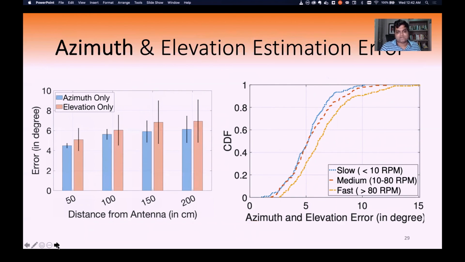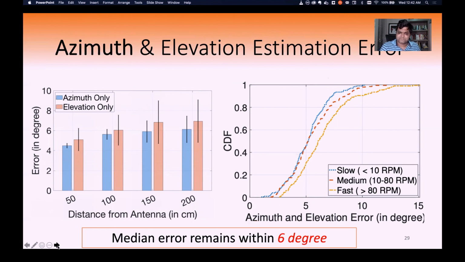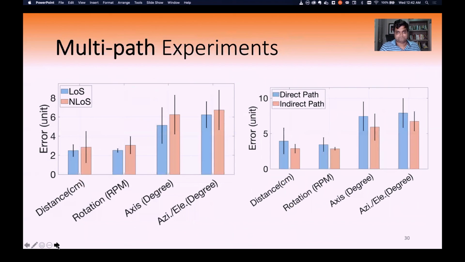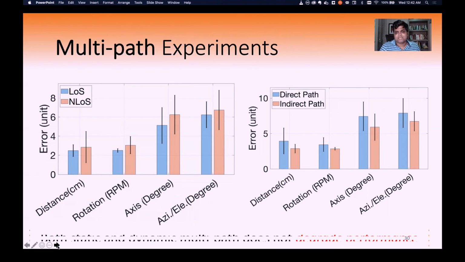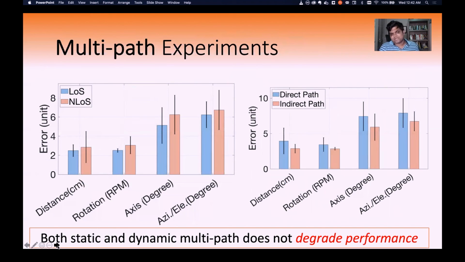Similarly for azimuth and elevation, for different distances and speeds, the median error remains within 6 degrees. We also performed different multipath experiments by blocking the line of sight and creating different indirect multipath environments. In this setting, for different setups, both static and dynamic, the performance does not degrade very badly.